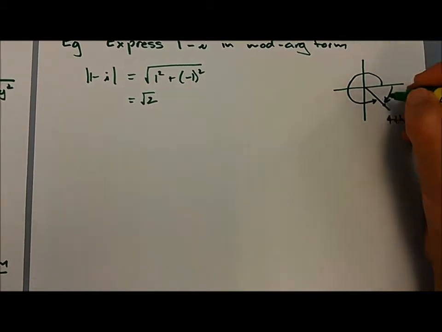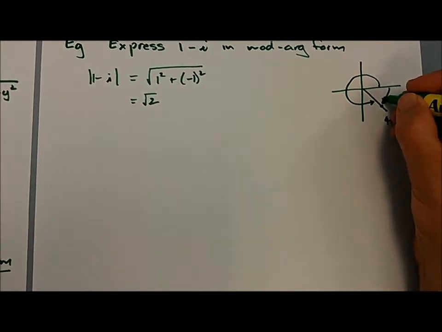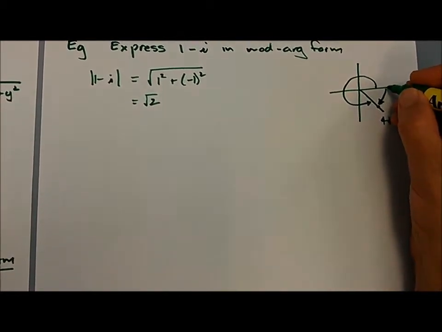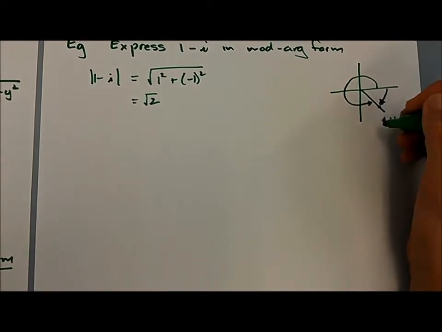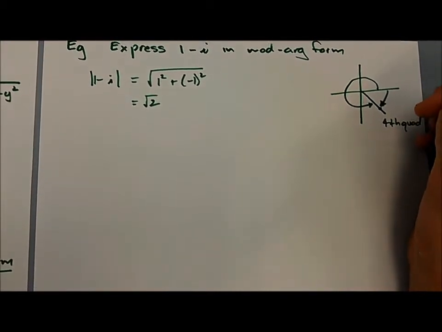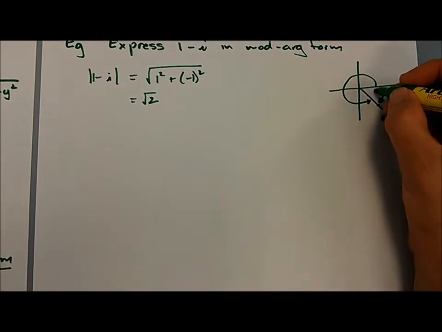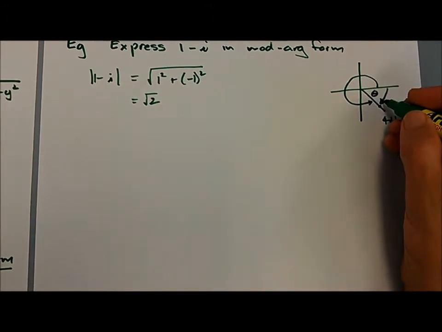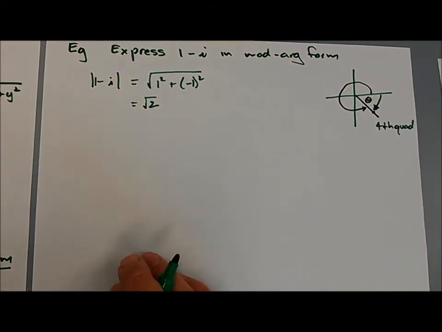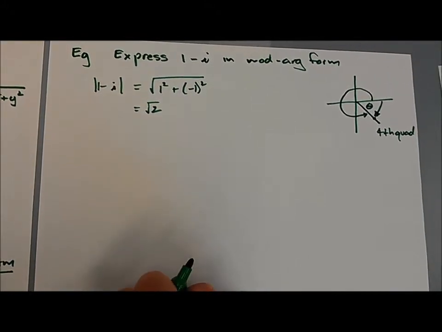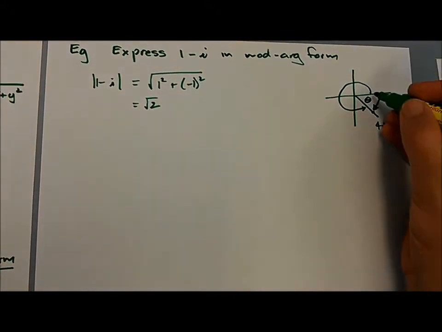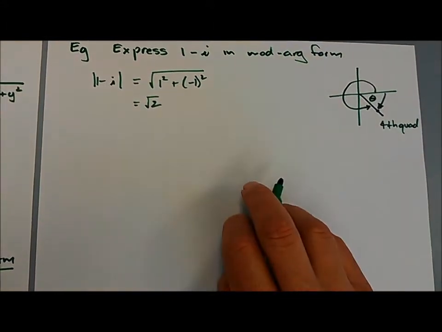And they're both arguments. This angle here, which is less than 180 degrees, the smaller angle to get to it, is what I call the principal argument. And so the principal argument is the one I'll normally head for to try and work out what the argument of a complex number is, that one that's less than 180 degrees. So I could find that by finding this full one and subtracting from 360.